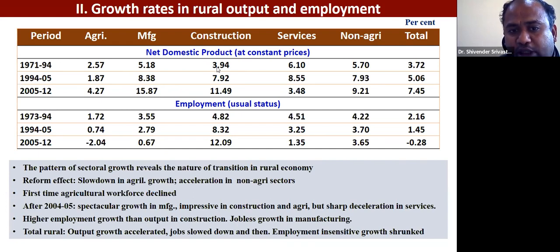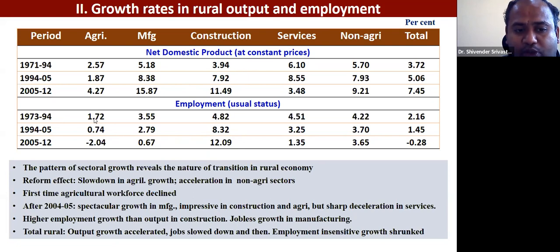In the case of construction, you can see some contrary trends taking place. Of course, growth rates are accelerating, but at the same time, employment is also accelerating in the construction sector. The workforce in agriculture is declining drastically.